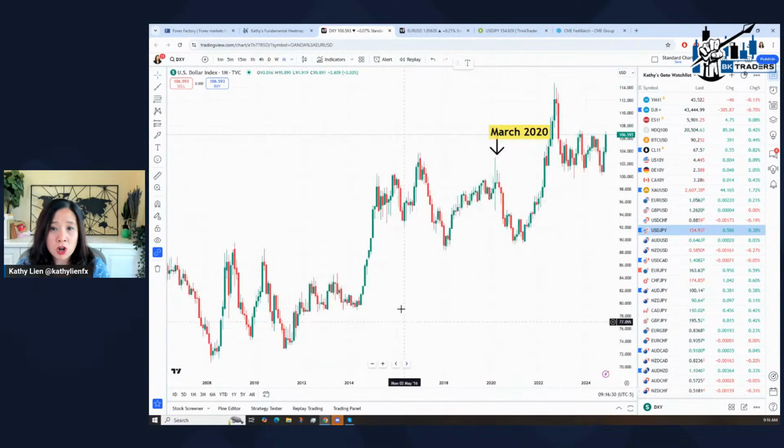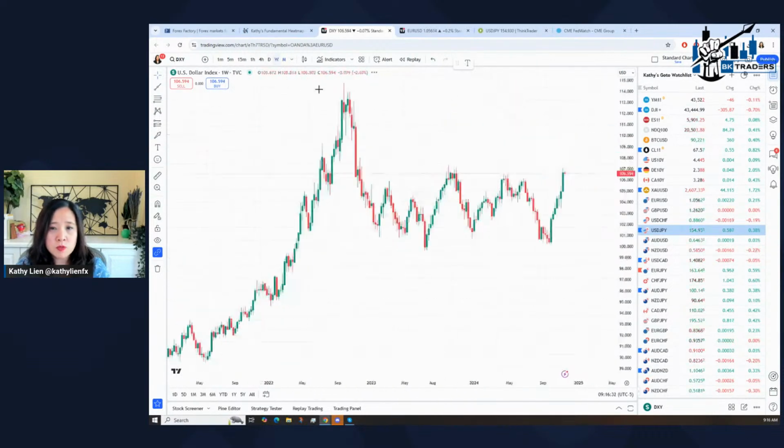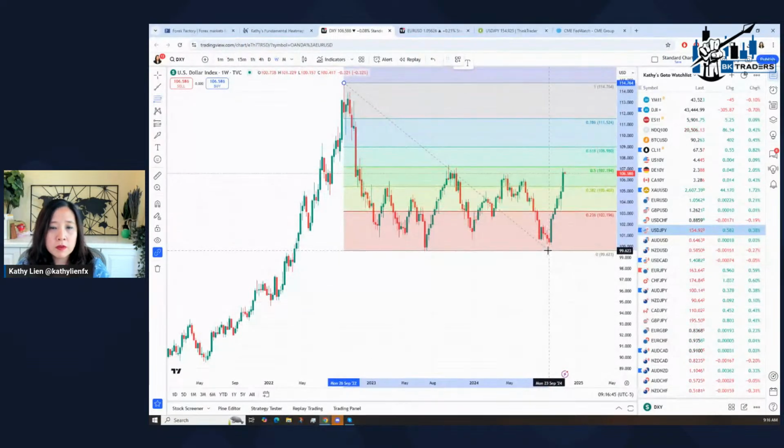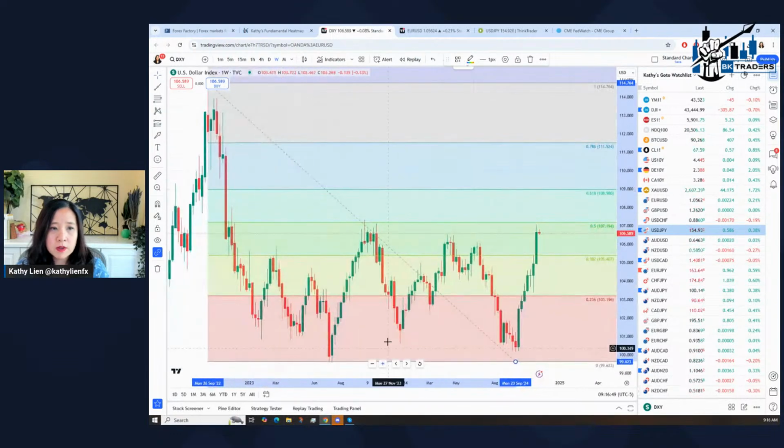I'm going to a weekly chart. The dollar index rose to its highest level since 2023. Talking about fibs, where could it stop? Look at that, my friends. Fibs. I love fibs.